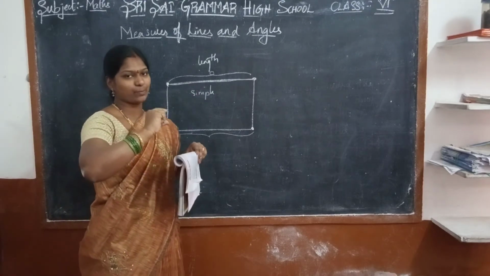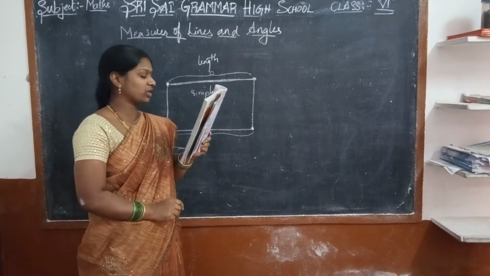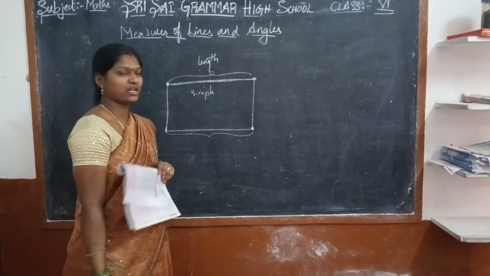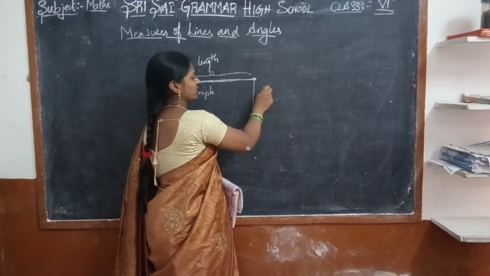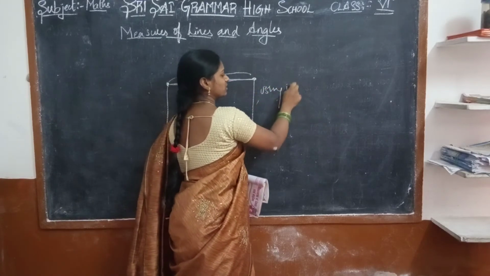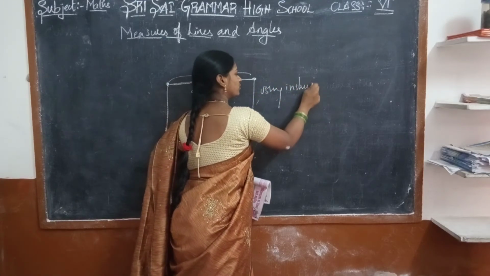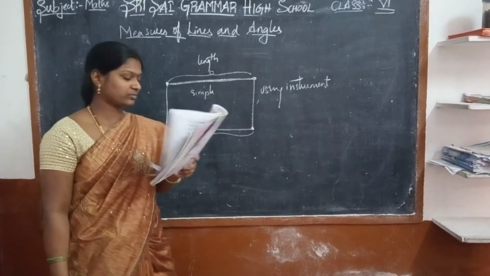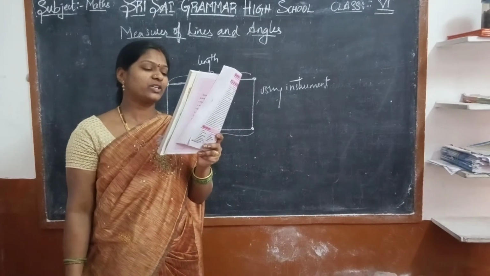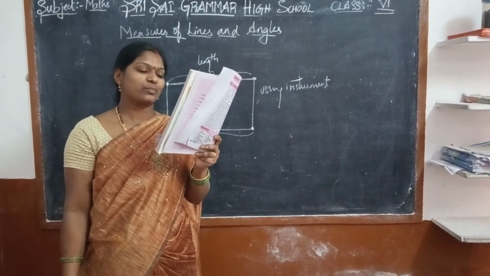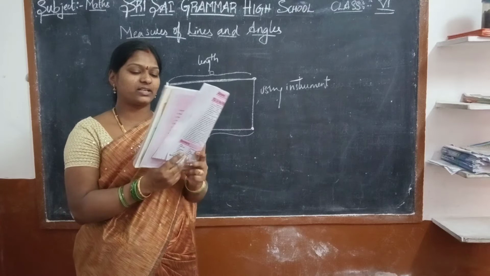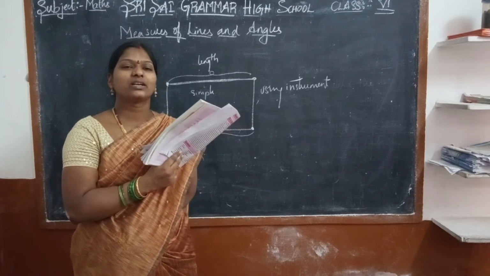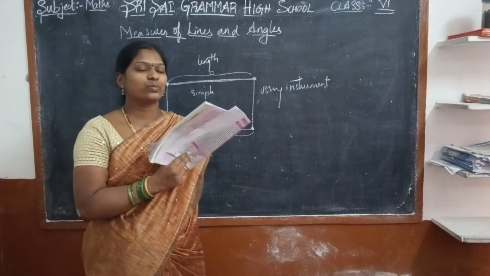By tracing on a paper also, we can compare the length, and by using the instrument also. We are going to measure the length. The instruments used to compare and draw line segments are ruler and divider.